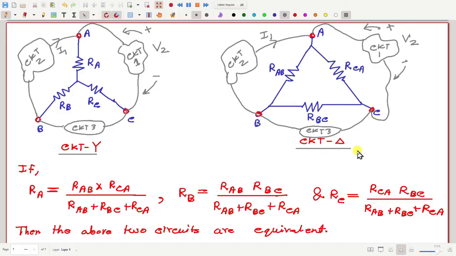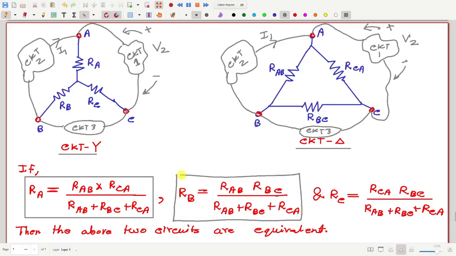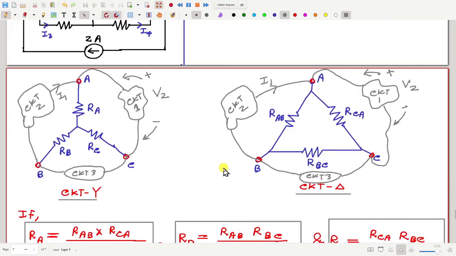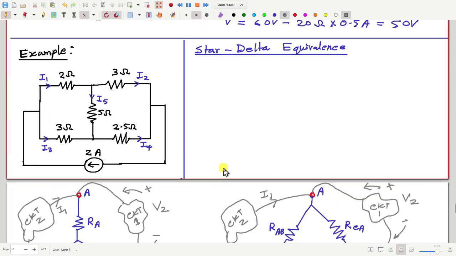If the three resistances satisfy these equations, this is the rule. I am not going to prove this rule because we have a shortage of time, but let me use this rule to solve this question.